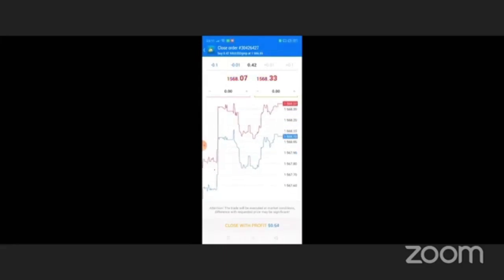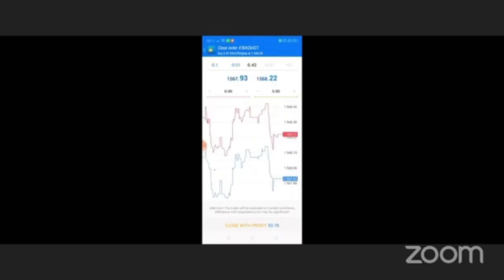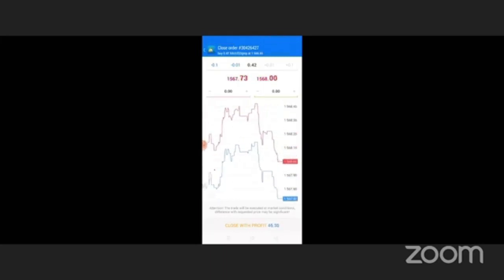I'm looking, there's a potential to grow. I'm already on standby to close the trade. 53, 50, 48, 45, 46. Then I thought, okay, this is about to drop. Let's close the trade. And I closed with $43.